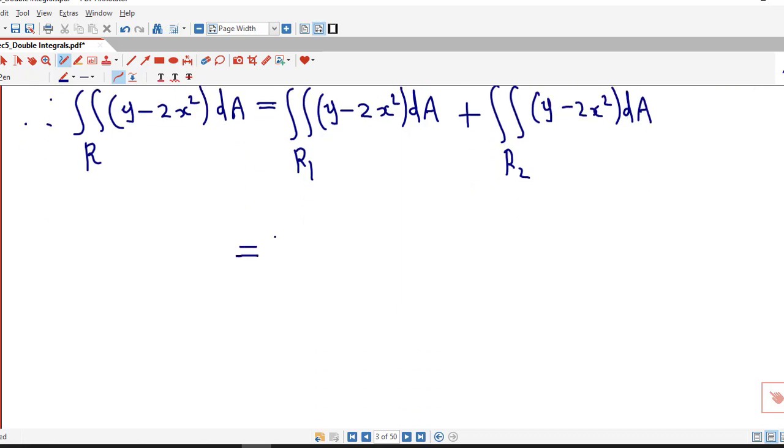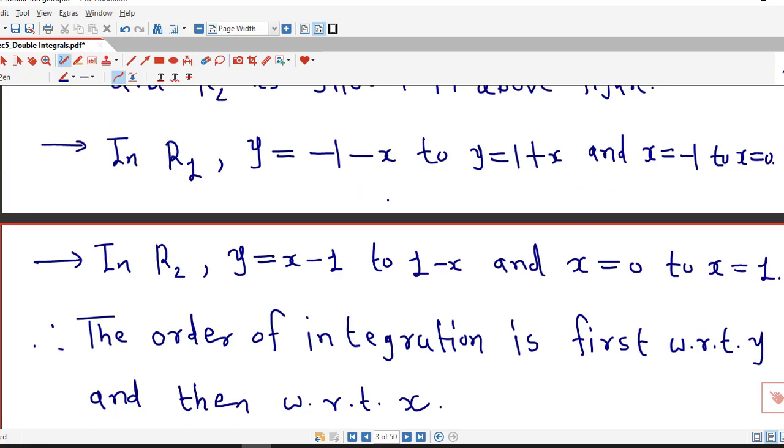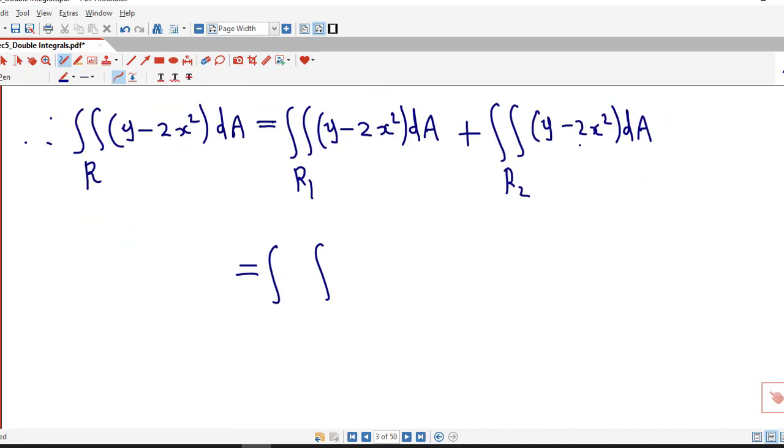Now in R1 we first write down the limits of y. y is from minus 1 minus x to 1 plus x.